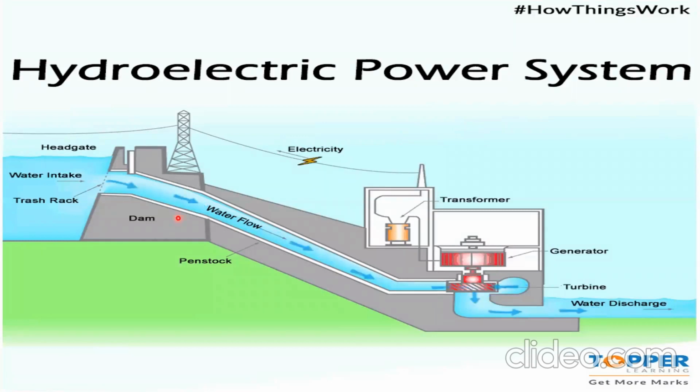From this diagram, you can observe that the main parts are the dam, second the penstock, third the water turbine, and fourth the electrical equipment, that is the generator. There may also be extra equipment like a surge tank. We will see the working of each of them in detail.